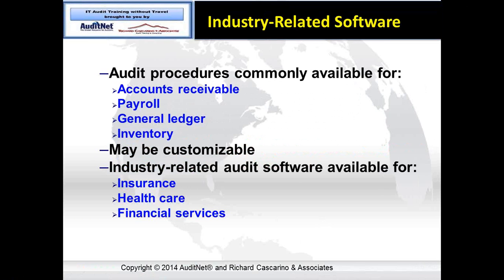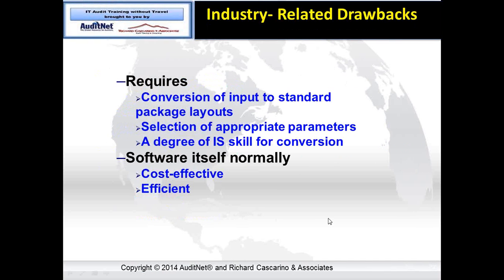Some of them can be customized, but you can also get industry-related audit software for financial services, banks, healthcare, insurance companies, etc. If you are auditing for compliance with Solvency II for an insurance company, you can get software that's specifically designed for Solvency II. If you're auditing for Basel compliance, you can get software that's specifically designed to look at critical elements for Basel. We've got our generalized software. We've got industry-related software.